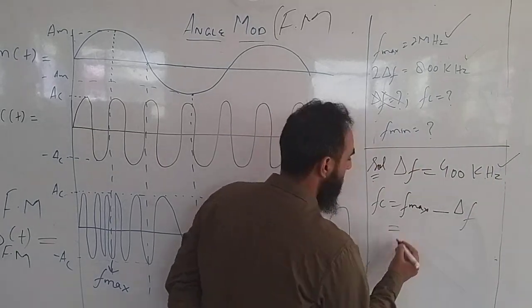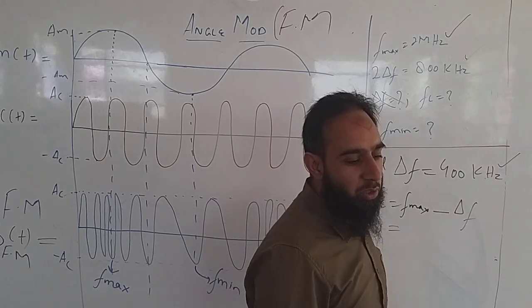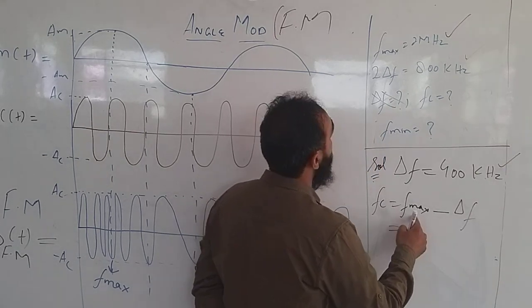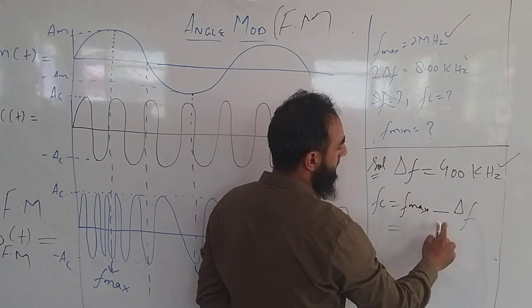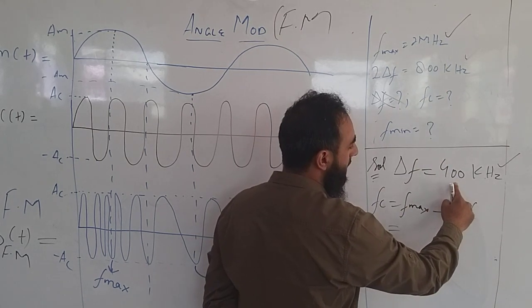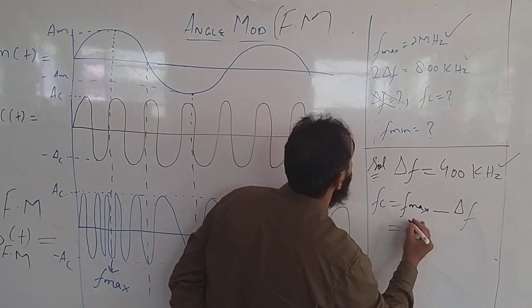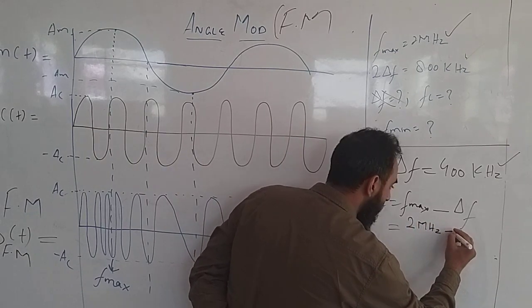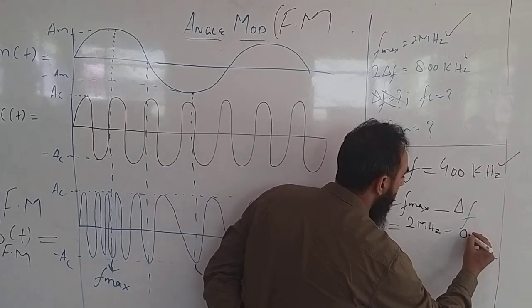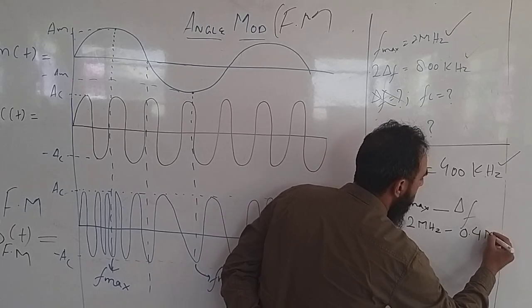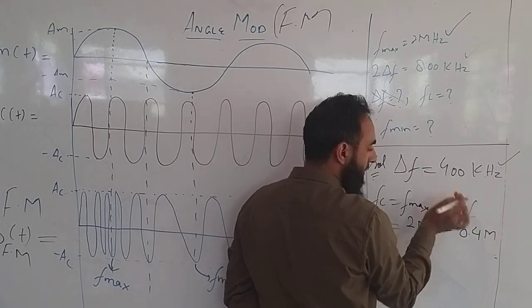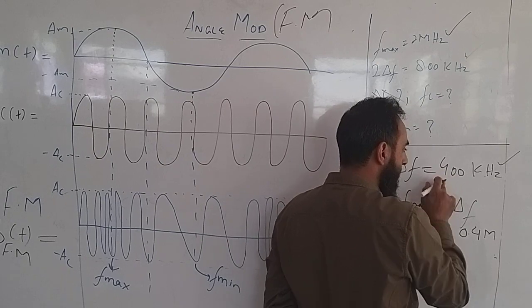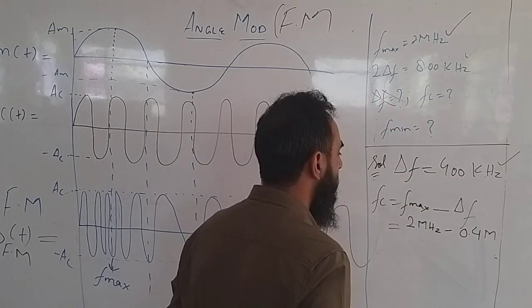I don't need to do this. So the answer comes out to be F max is how much? 2 megahertz minus delta F, that is 400 kilohertz, or I would say 2 megahertz minus 0.4 megahertz, because 400 kilohertz is converted to 0.4 megahertz.